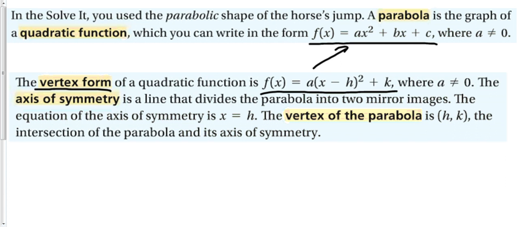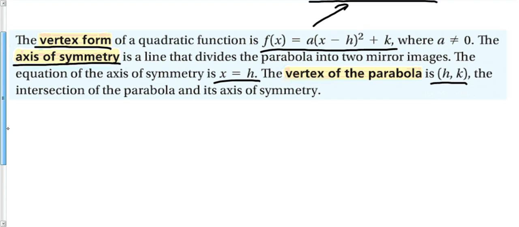The axis of symmetry is the line that divides the parabola into 2 mirror images. And the equation of the axis of symmetry is going to be x is equal to h. The vertex of the parabola is h comma k, just like the vertex of an absolute value equation. And the vertex of a parabola is the intersection of the parabola and its axis of symmetry.